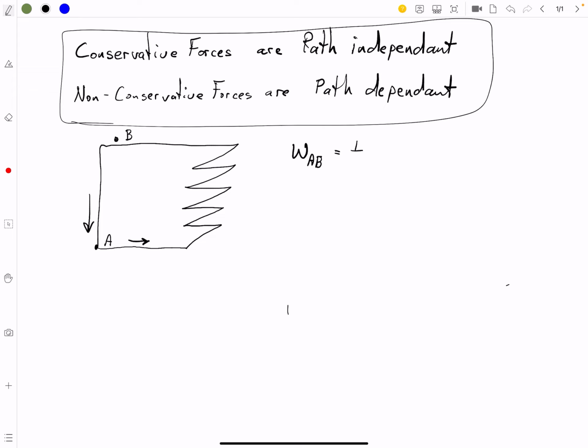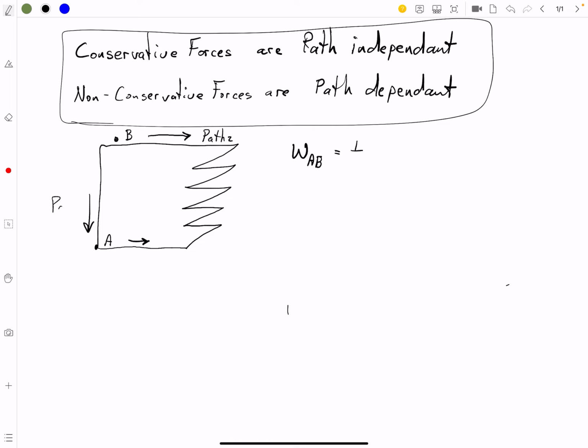How do I want to do this? A, B is path 1. Oh. Okay, let's do it two different ways. All right. This is path 2.